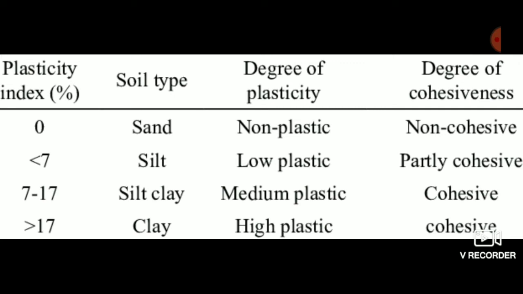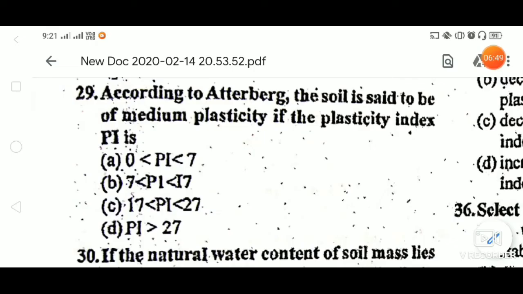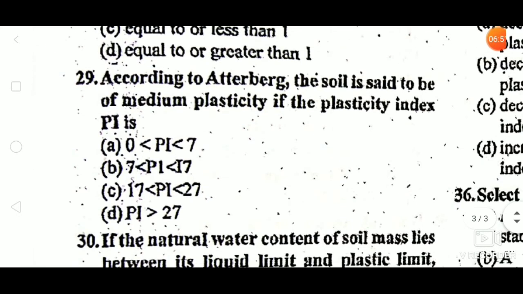And plasticity index 7 to 17 is silty clay and it is of medium plastic. And if the plasticity index is greater than 17, soil type will be clay and degree of plasticity will be high plastic. So here our question is 7 to 17, so it is medium plastic. So option B is correct.